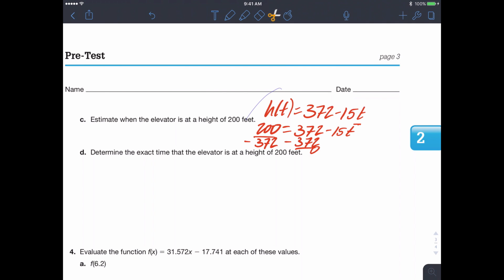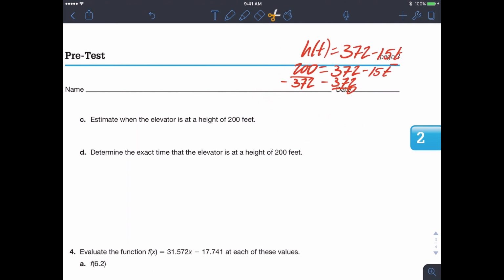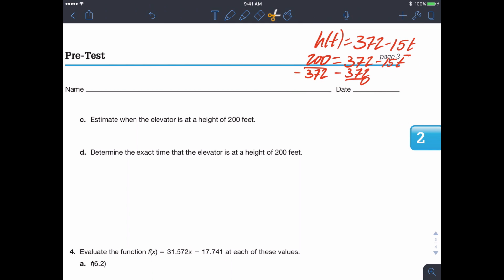You're going to get negative 172 equals negative 15t. Go ahead and divide by negative 15. And our answer is going to be positive, okay? Because negative divided by negative is a positive.